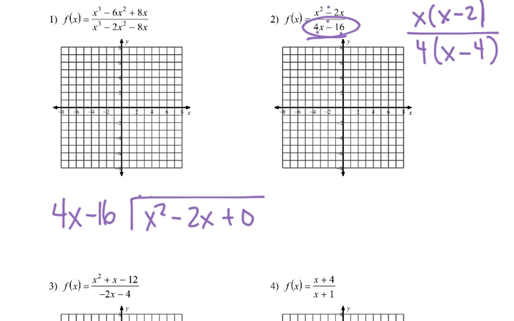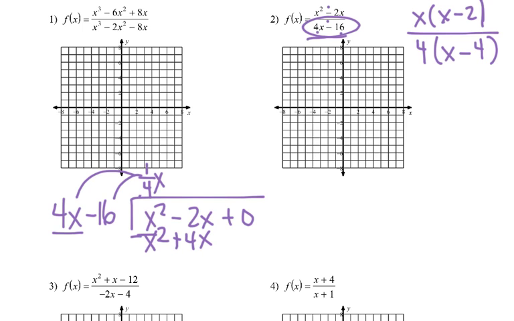Alright, now, synthetic division we could try to use, but it doesn't work as well because of this. We'd have to divide by 4, but there's more to it. So this is just easier. So how do I get 4x to become x squared? Well, I have to get rid of the 4 by multiplying by 1/4 and by an x. So 1/4 x times 4x gives me x squared. 1/4 x times negative 16 gives me negative 4x.